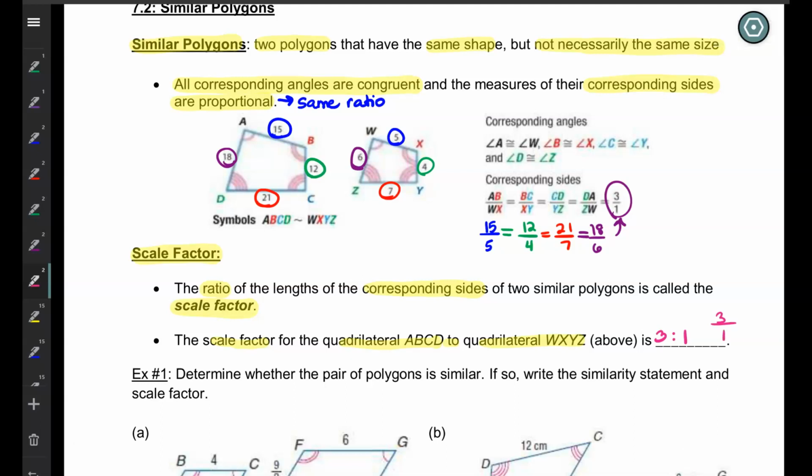One thing to note is the order that I ask for the scale factor. Whichever one I list first has to be listed first in the scale factor. If I had asked instead, what's the scale factor of WXYZ compared to ABCD, that scale factor would be 1 to 3 instead of 3 to 1.